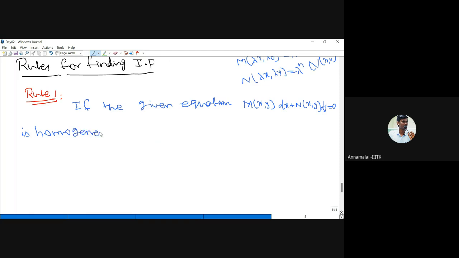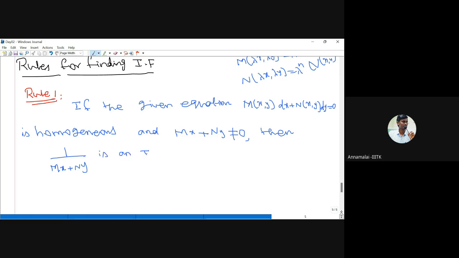If both M and N are homogeneous in the given equation, and suppose Mx plus Ny is non-zero, then 1 by (Mx plus Ny) is an integrating factor.